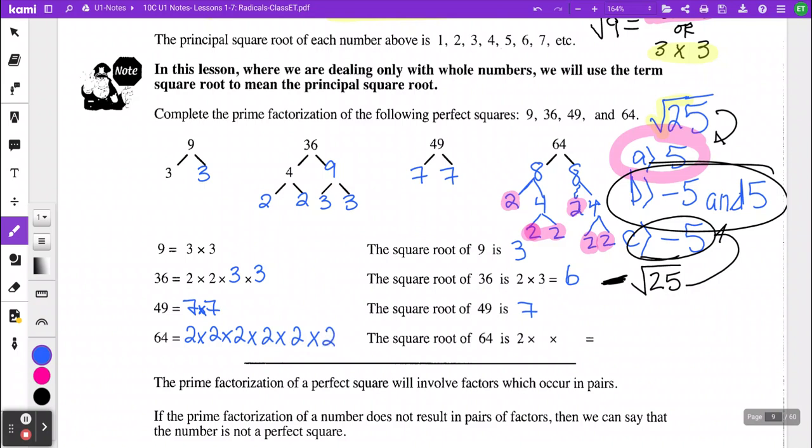Now, instead of writing it this way, I can say 2 to the 6th equals 64. I can use my exponents and powers. That 6 there is telling me I've got 6 2s.